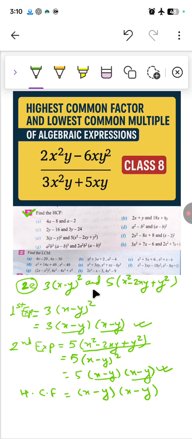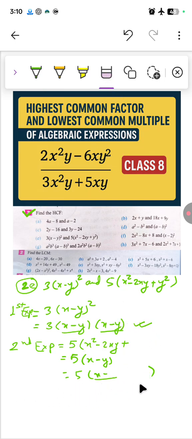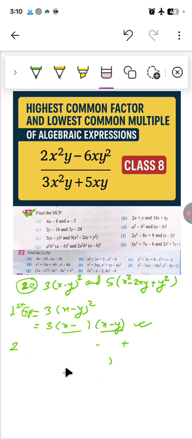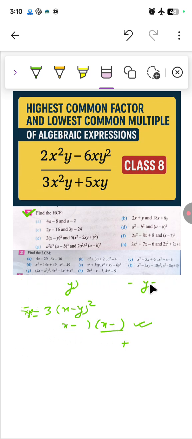Now moving down to another question. Let us do another question from LCM. Find the LCM. From the down one picture, let us solve some question and find out the LCM.